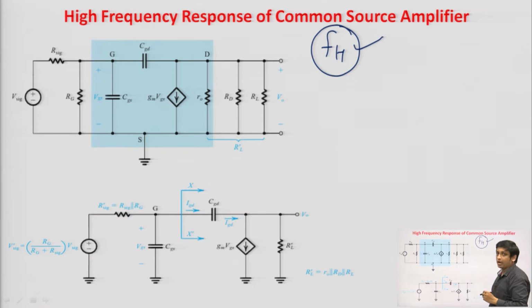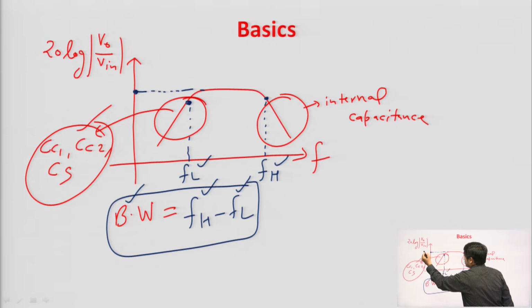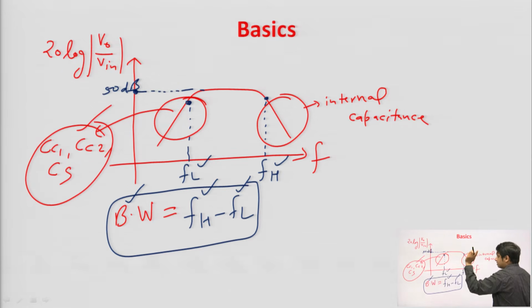To calculate the upper cutoff frequency, FH, which is also called the minus 3 dB frequency: it is called this because it is the frequency at which the gain is reduced by 3 dB from the maximum gain. For example, if the maximum gain is 50 dB, then at frequencies FH and FL your gain will be 47 dB. So, FH is defined as the upper minus 3 dB frequency, and FL is the lower minus 3 dB frequency.